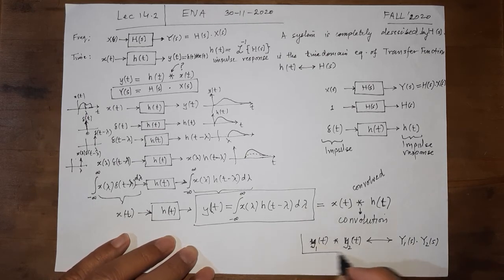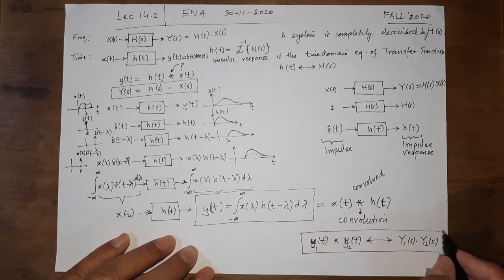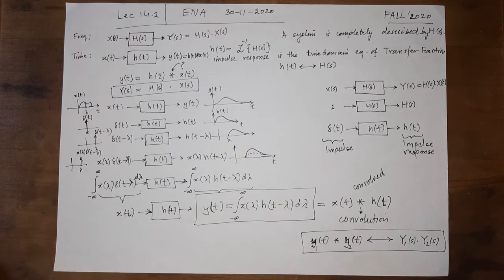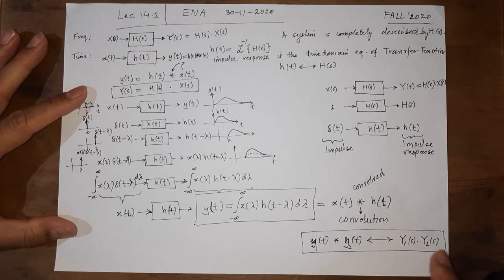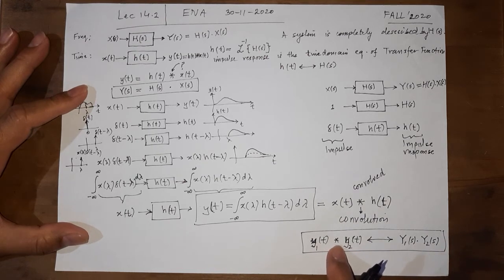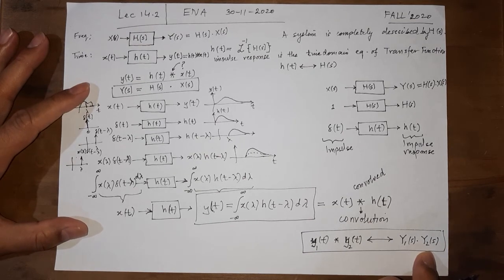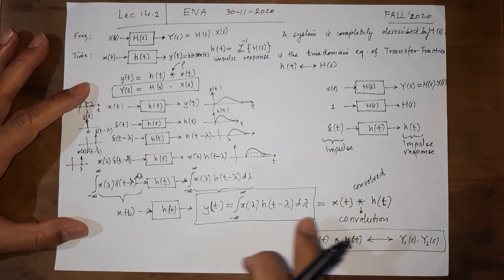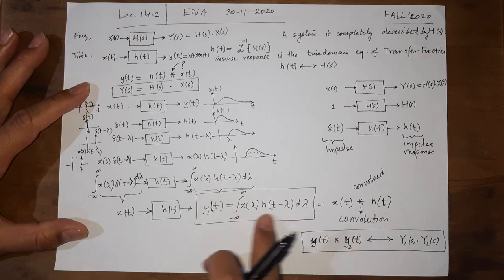So this is an important relationship as well for the table that we will be using in the exams. When there is multiplication in the Laplace domain, there is convolution in the time domain. And vice versa, when there is multiplication in the time domain, there is convolution in the frequency domain, but we are usually not going to encounter that. And this is how convolution is defined.